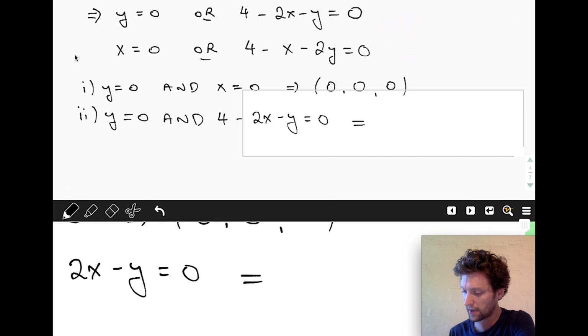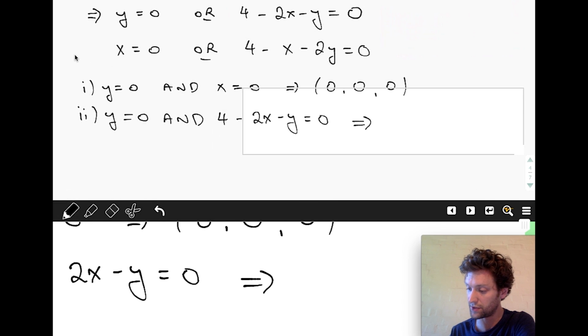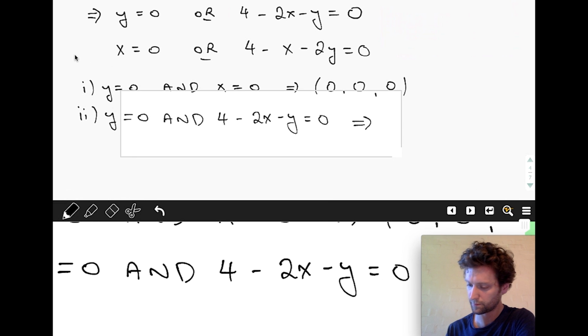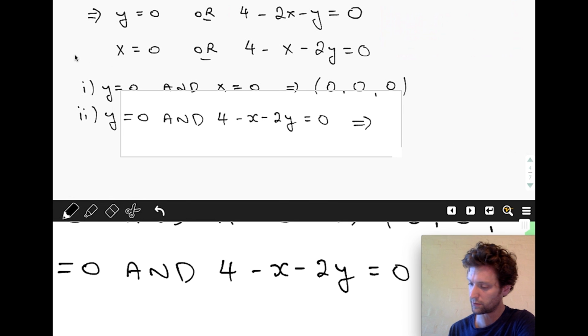This is going to imply that if I substitute y is equal to 0 in there, I get 4 minus 2x is equal to 0, which gives me x is equal... I made a mistake, sorry, I took the wrong equation. 4 minus x minus 2y, there we go, is equal to 0.